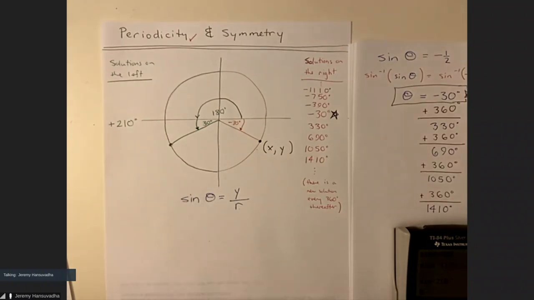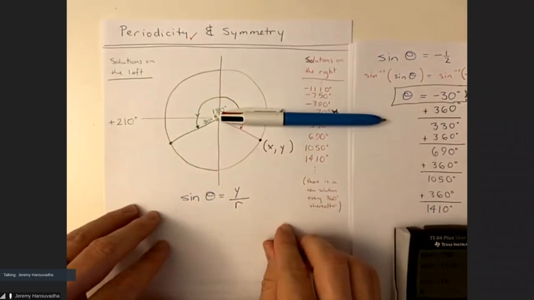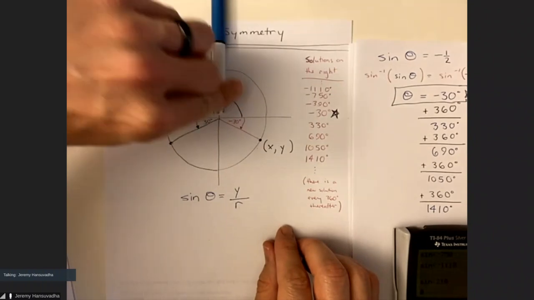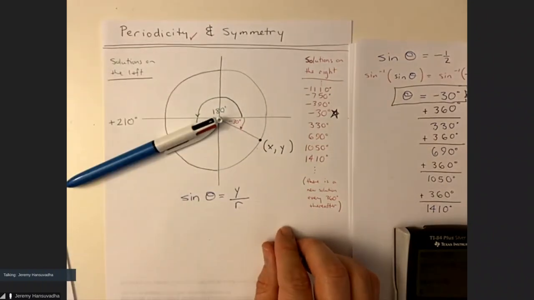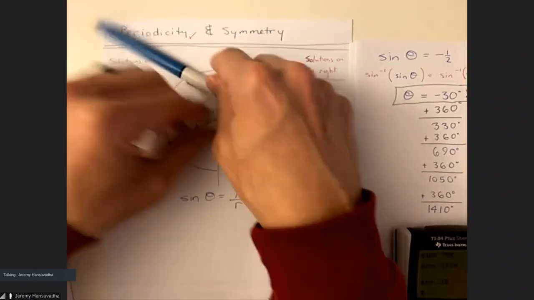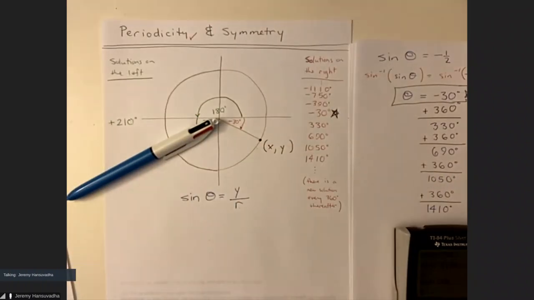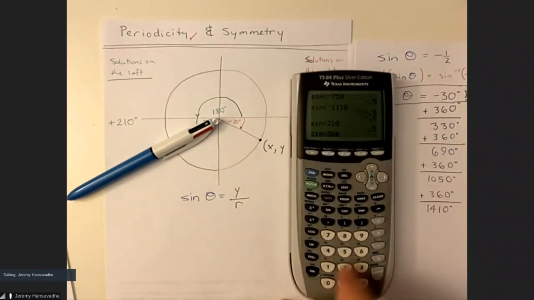So I could do 210 degrees. So let's see, we're at 0, 90, 180. That's 210 degrees. I could add another 360 degree rotation to that 210, and 210 plus 360 is 570.